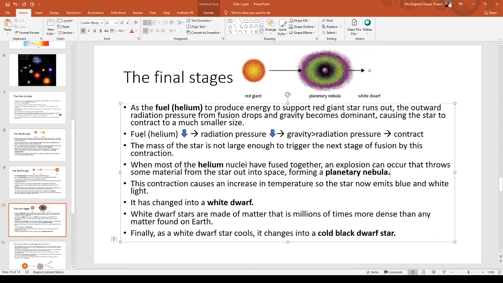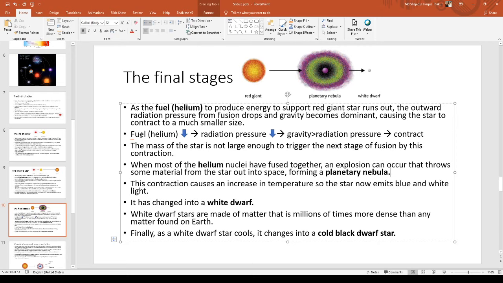There is a belt, and that belt consists of dwarf planets. It's called the Kuiper belt, and one of those dwarf planets is Pluto. White dwarf is a completely different thing. White dwarf is the end of a star.